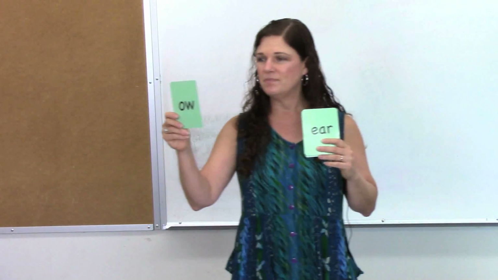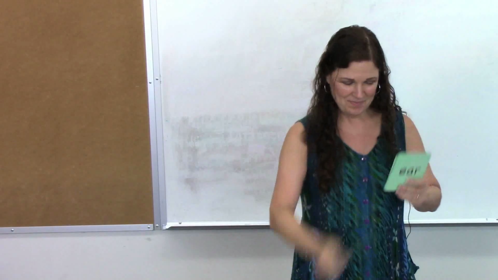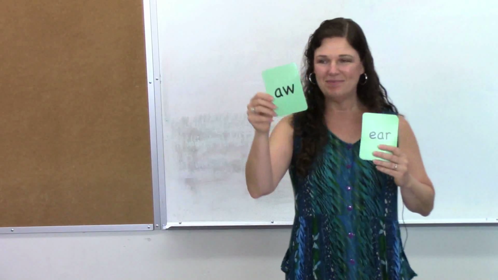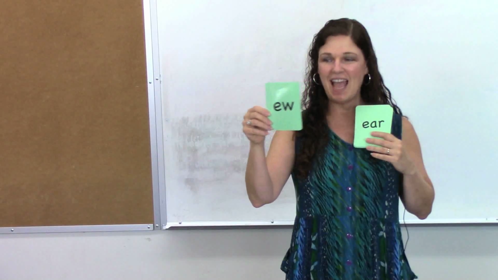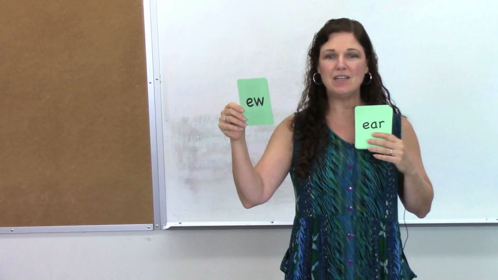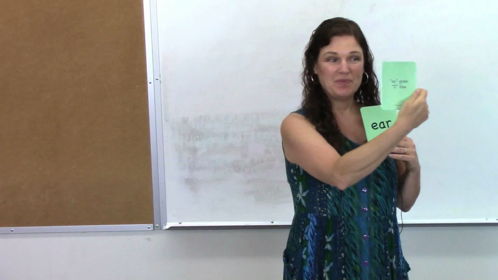How about this one? Okay. That's an easy one. Okay. And you. Oo as in grew, you as in few.